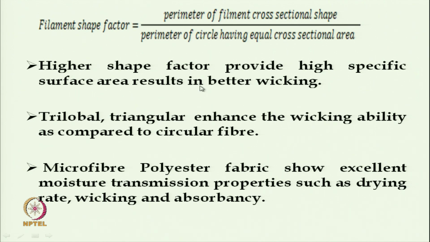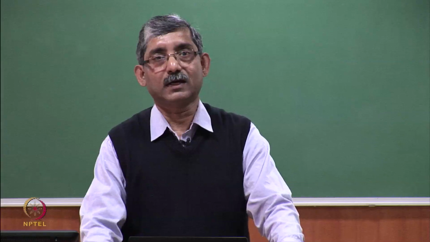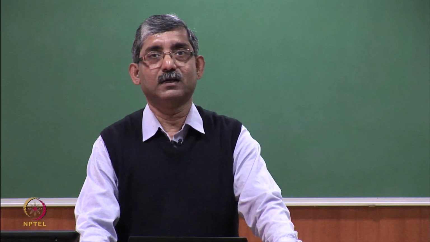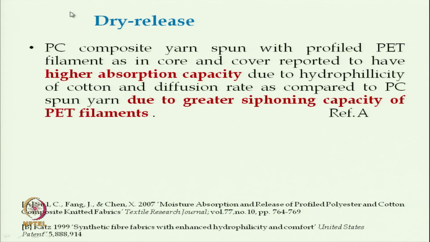If we want to engineer clothing or sports clothing with better wickability, we must use the filament with high shape factor or we can use the microfiber fabric. Another product is a dry release fiber, the polyester cotton composite yarn.